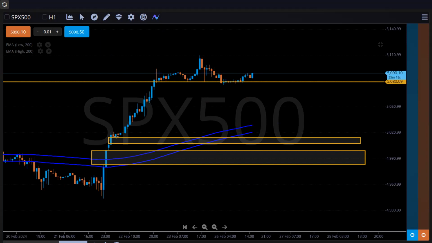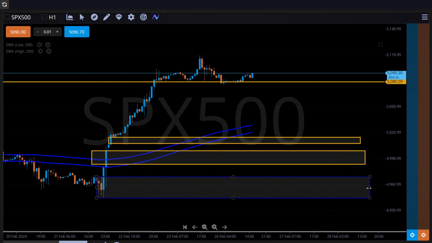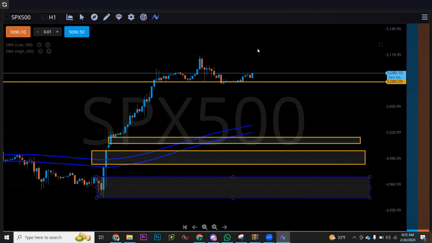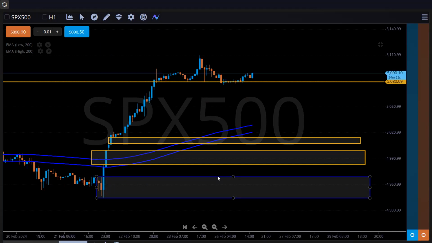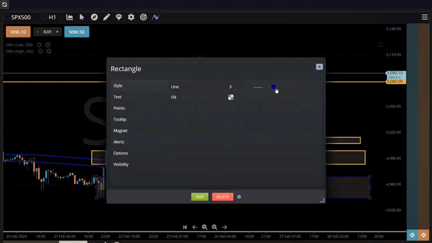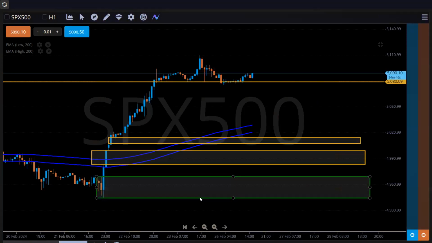And this is also a big push to the upside. Drag this here. Hold on 1 second. And I'm going to change this color green to represent my demand zone. So we have the demand here.